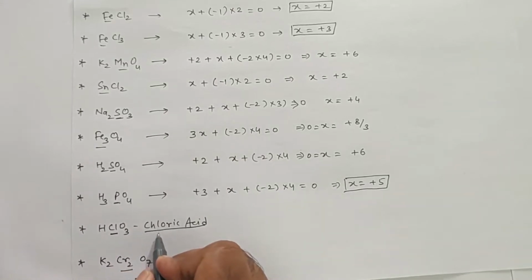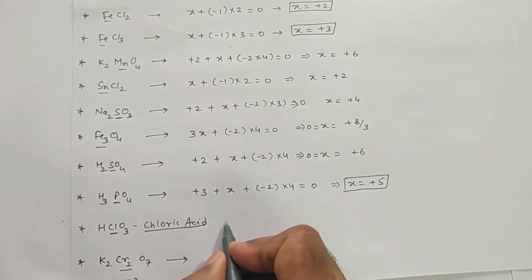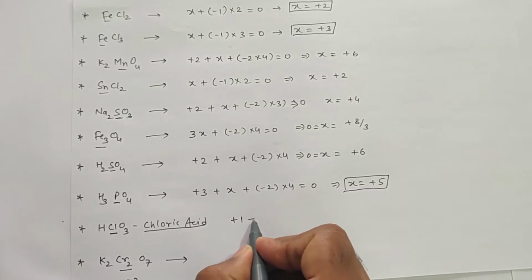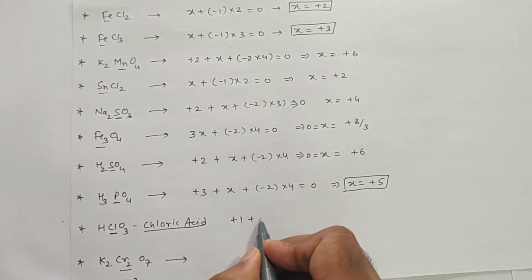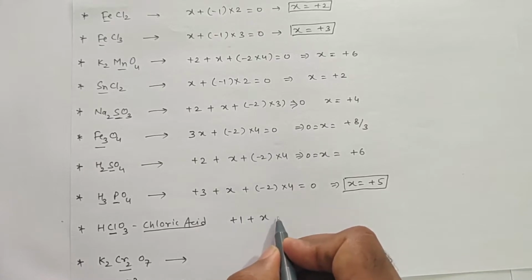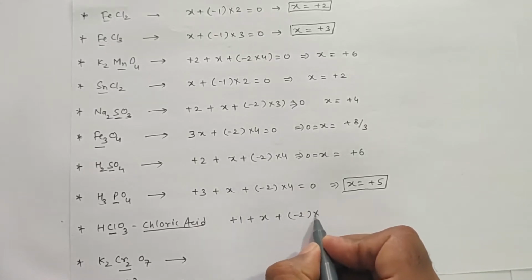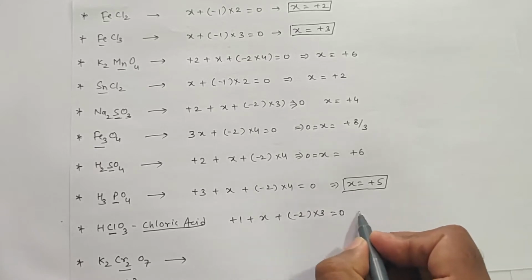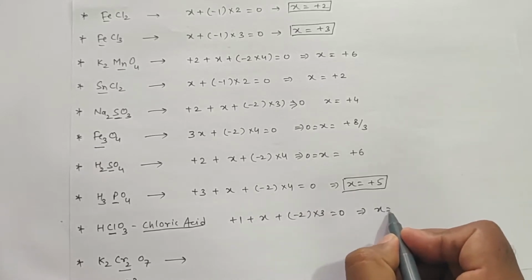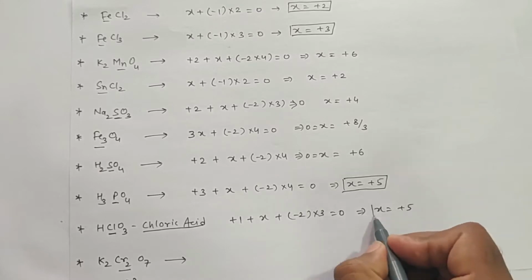HClO3 is chloric acid. Hydrogen will show +1 oxidation state, plus we need to calculate the oxidation number of chlorine. Let it be x plus -2 into 3 equals 0. So we will get x equals +5.